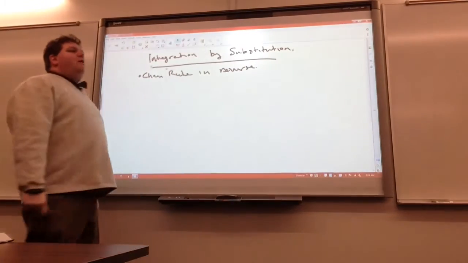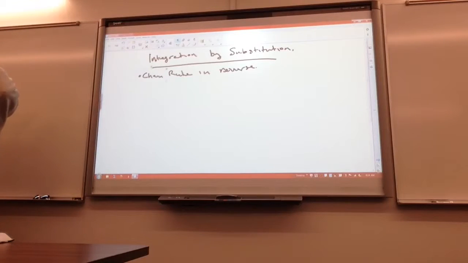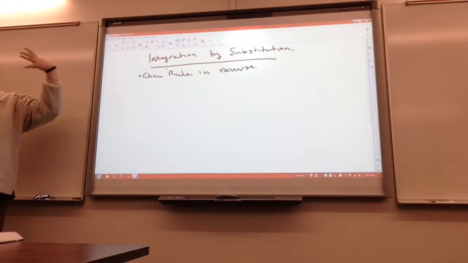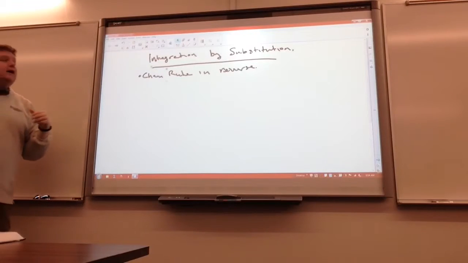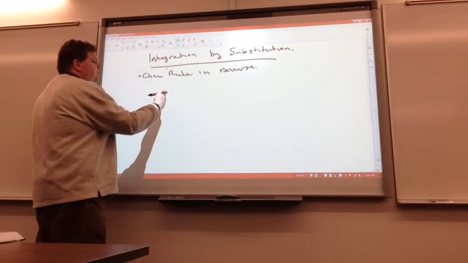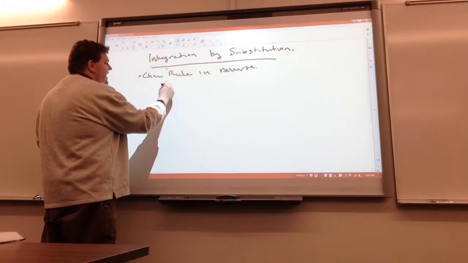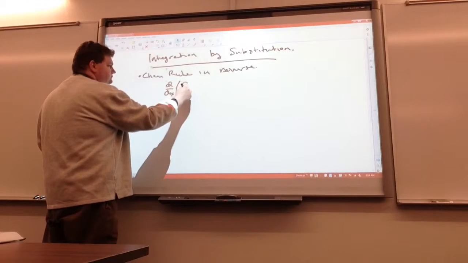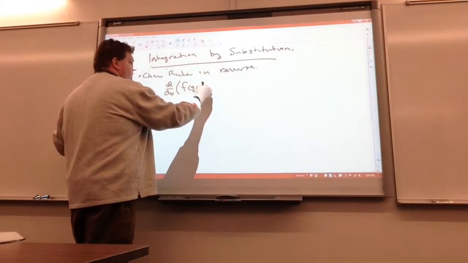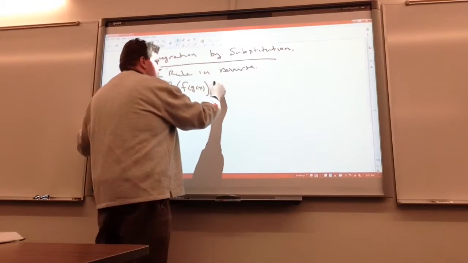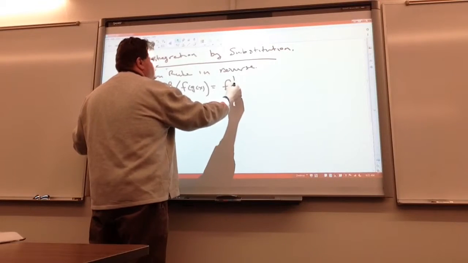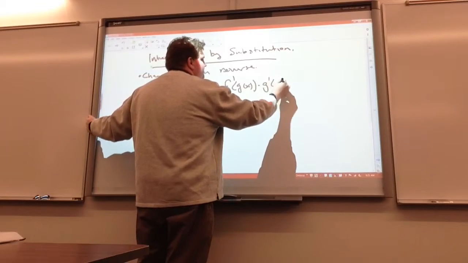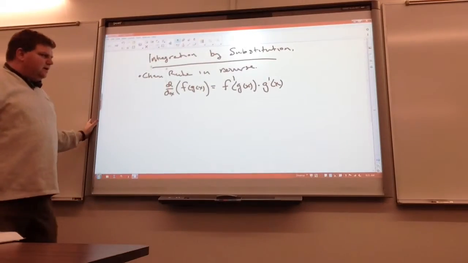It's working on the derivative to get back to the original function. If you remember the chain rule, if we took the derivative of a composite function, f of g of x, it comes out to be f prime of g of x times g prime of x, okay?